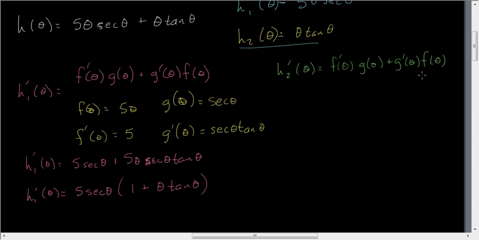Going back through and identifying our functions, we have f is equal to theta, f prime of theta is equal to 1, g of theta is equal to tangent of theta. The derivative of tangent is secant tangent, or I'm sorry, is secant squared.